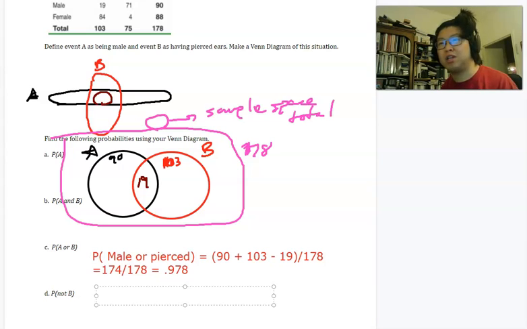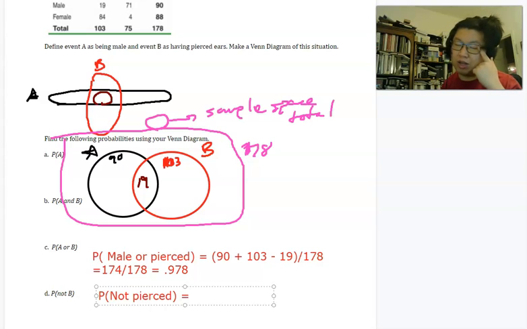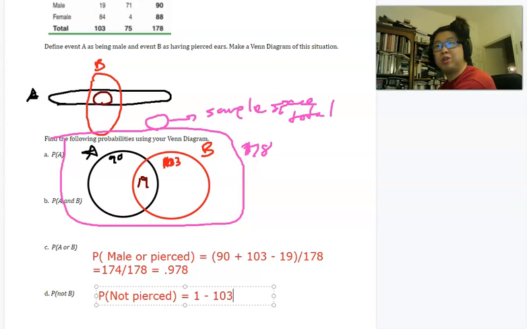Finally, we have probability of not pierced. This is actually pretty simple. I think we may have talked about it in the last video. If you want to find out the probability of something not happening, you just take 1 minus the chance of it happening, which is 103 out of 178. 1 minus 103 out of 178, which is about 0.579.